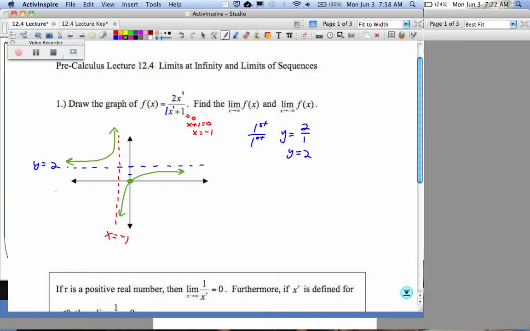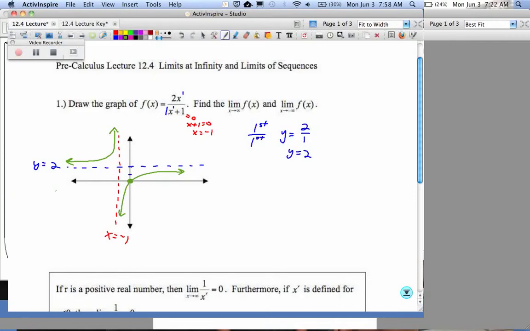And you could plug a number in, say -10. That'd be -20 on top, -9 on the bottom. -20 divided by -9 would be a little bit more than 2 in the positive, if both numbers were negative. So a little more than positive 2. So as I get out here to -10, I know I'm above the asymptote.